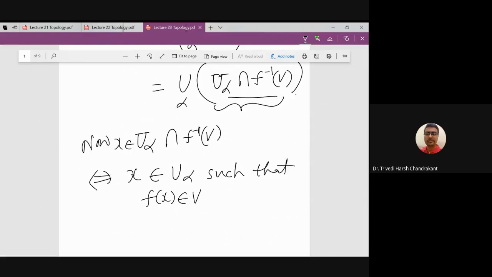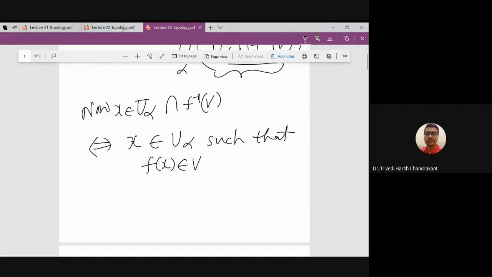X belongs to U alpha intersection F inverse V means X is in U alpha as well as X is in F inverse V. X is in F inverse V means Fx belongs to V. So these statements are equivalent, or in other words, they are the same statements as per set theory.